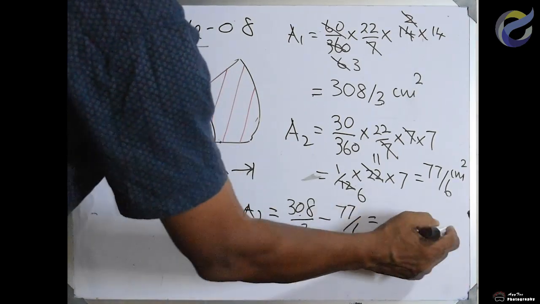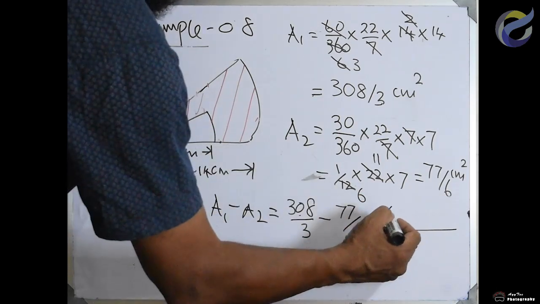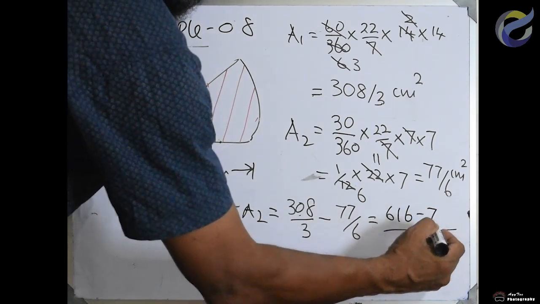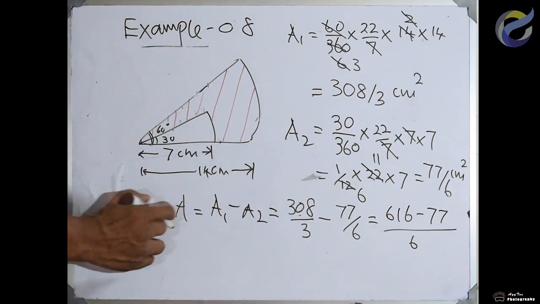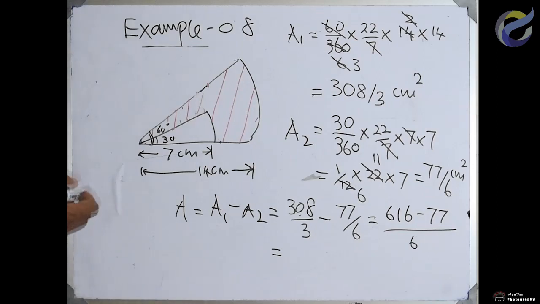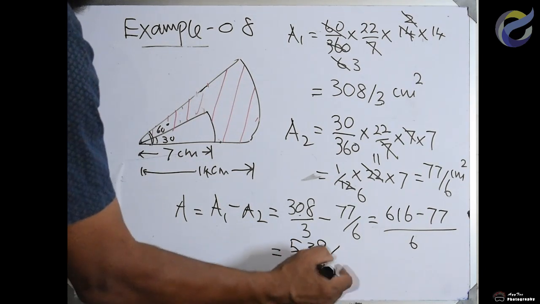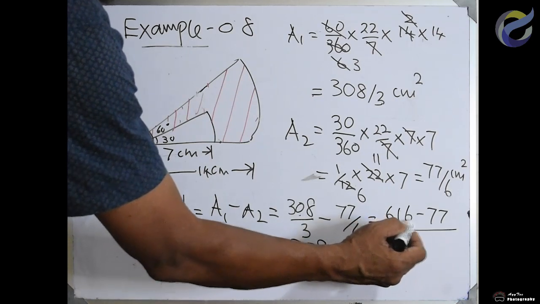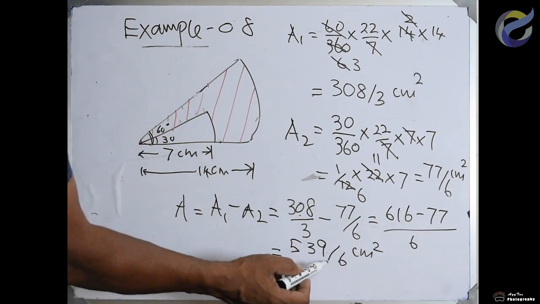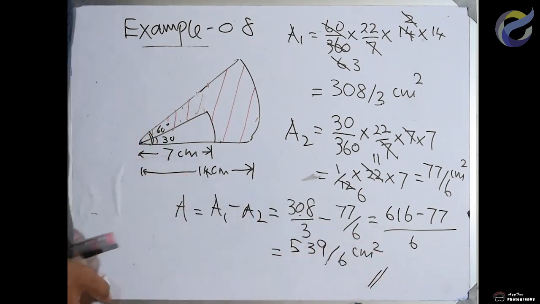Then 308 becomes 616, because 2 times we have to multiply 308 by 2. Then your final answer 539 divided by 6 centimeter square. 616 minus 77 is 539 divided by 6 centimeter square. These are the final answer.